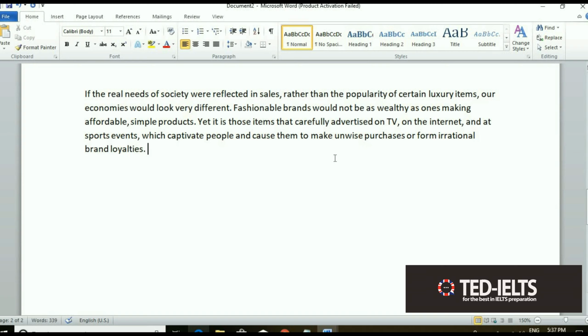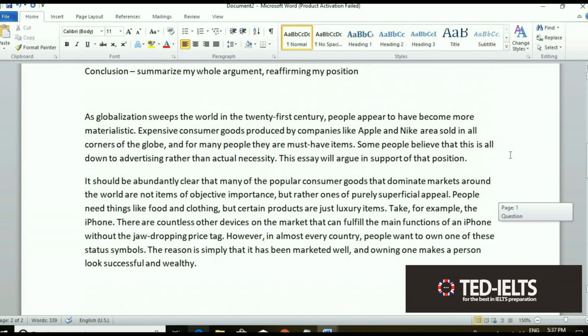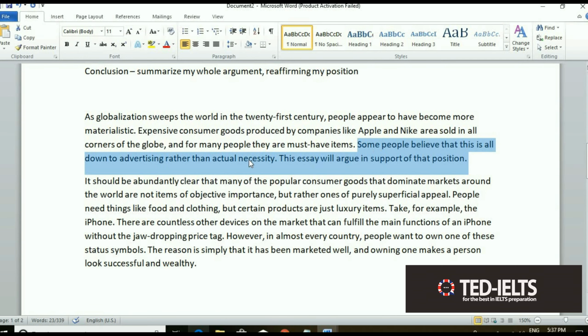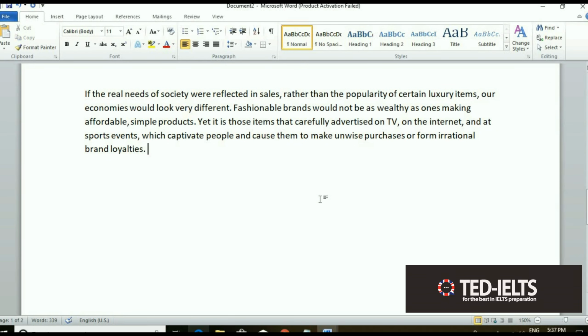So now I've brought advertising in again. I've named 3 types of advertising, and I've essentially said it's these items, the ones that are advertised, which captivate people. So that explains these 2 sentences before, justifies them, and it reaffirms my position from up here that it is advertising rather than necessity that causes this trend.